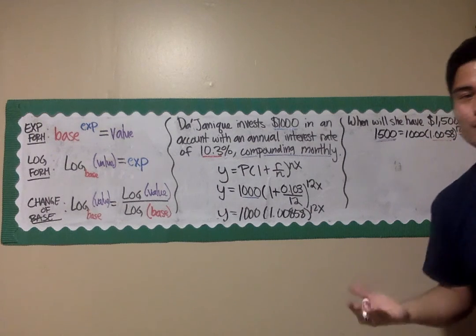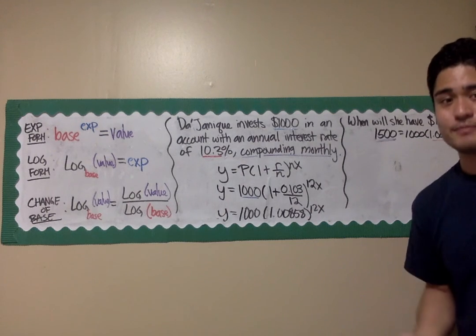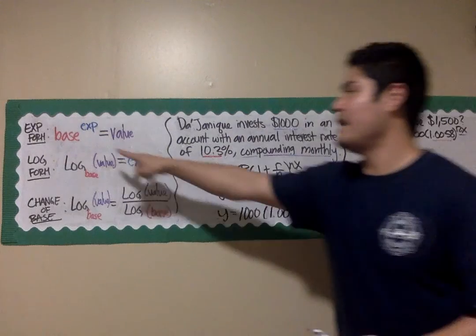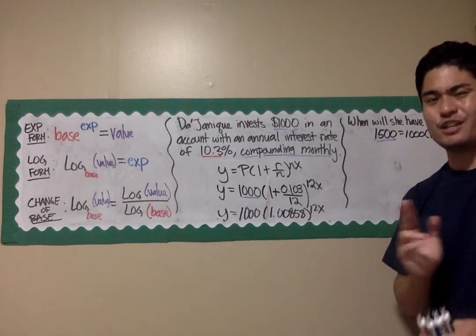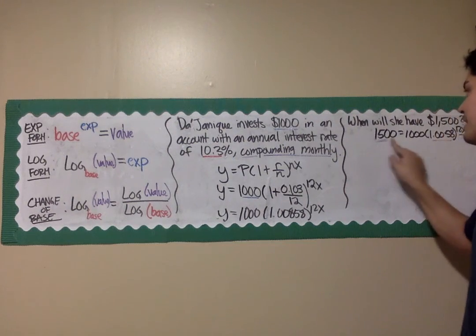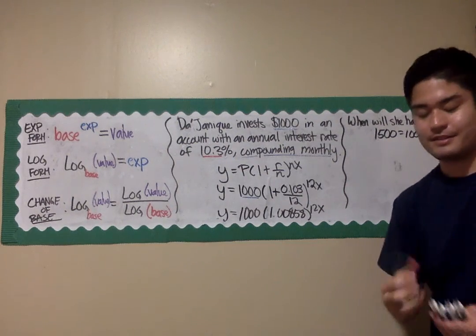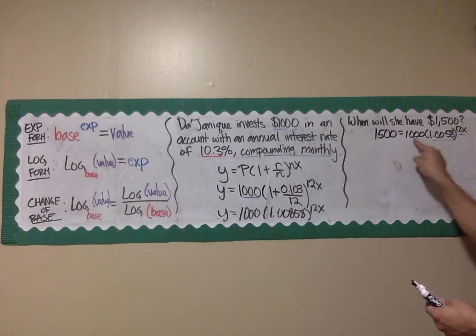But this 1,000, where is this 1,000 supposed to go? That does not fit in this form. So we want to actually get rid of the 1,000. And actually earlier I said 1,500 is the value. I shouldn't have said that. That was actually incorrect.